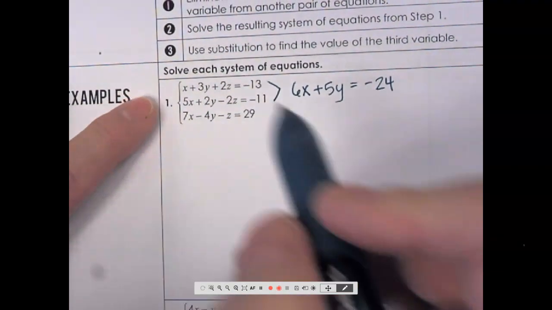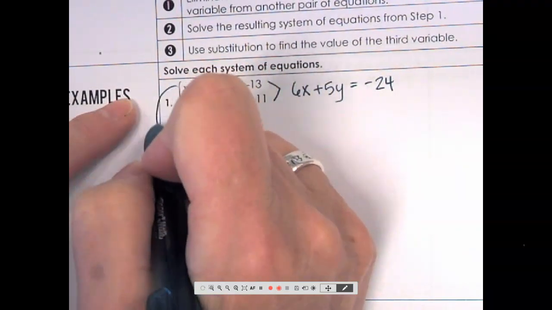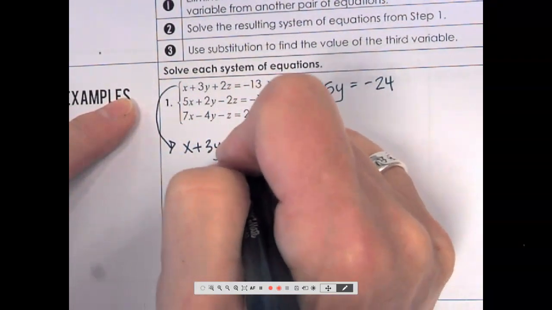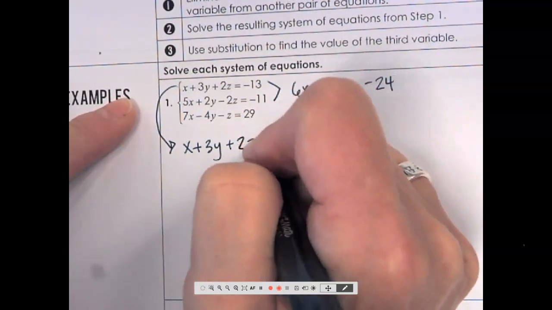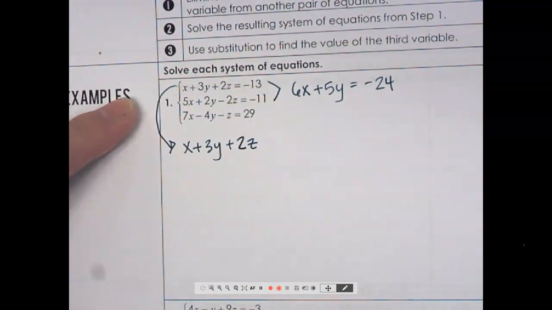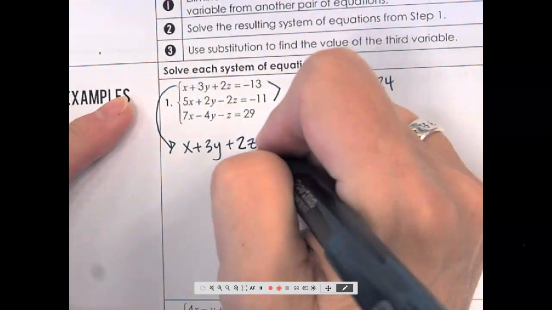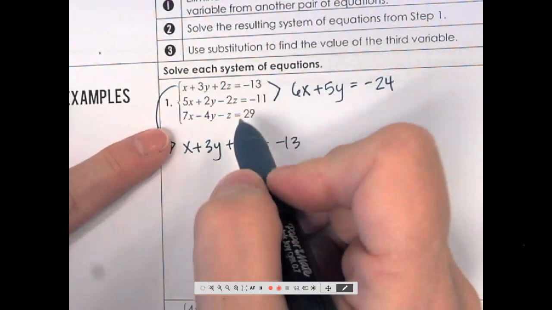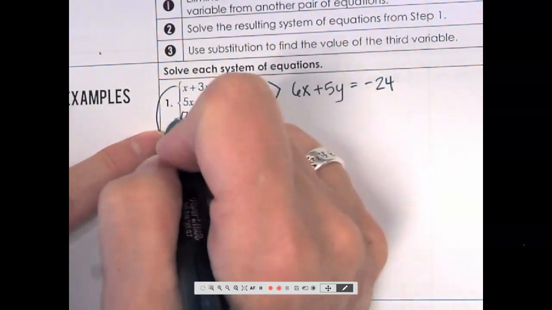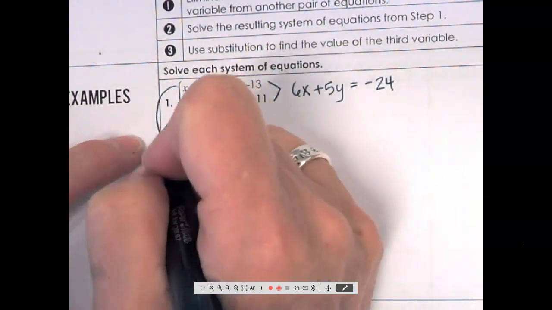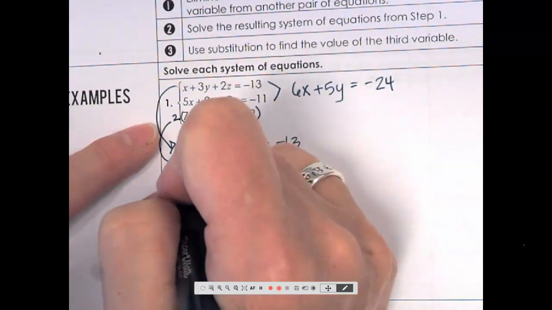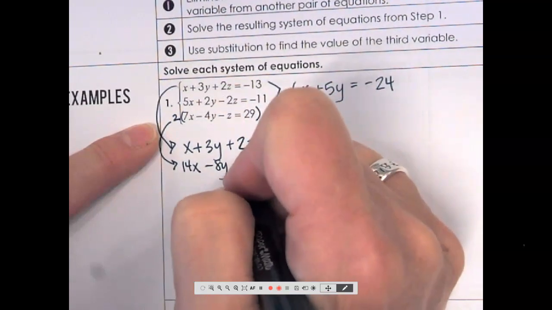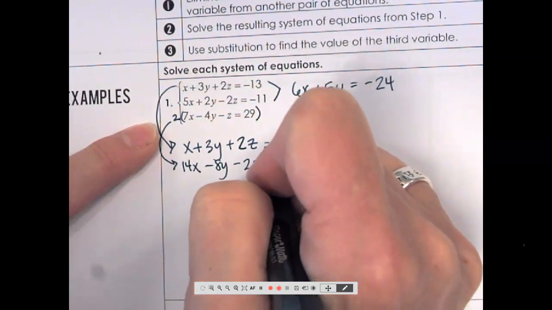Okay? Alright, so I'm going to bring 1 down unchanged. X plus 3y plus 2z. You can see why I put lines through my z's, because my 2's look like z's, equals negative 13. Okay, this one is going to be multiplied by 2, and I'm going to bring it down. 14x minus 8y minus 2z.